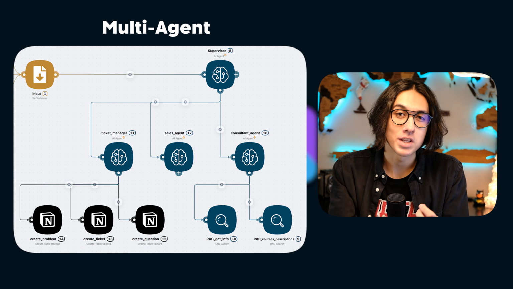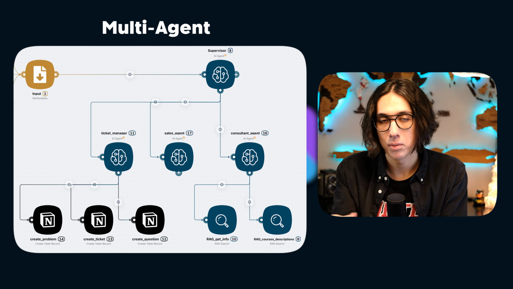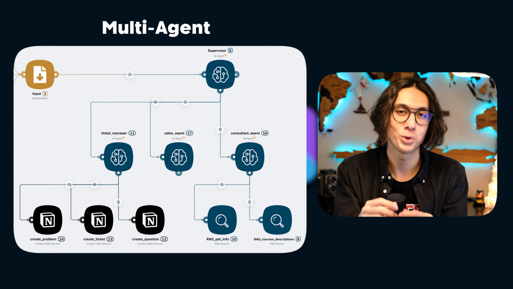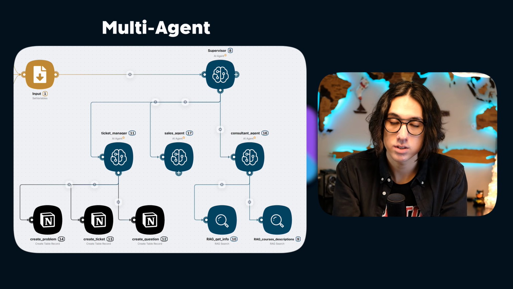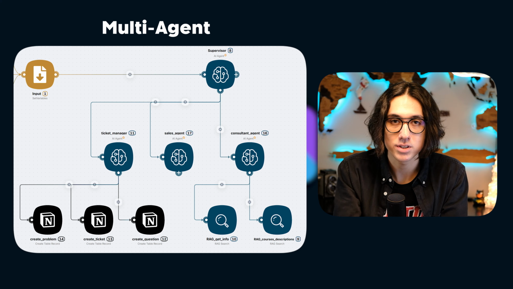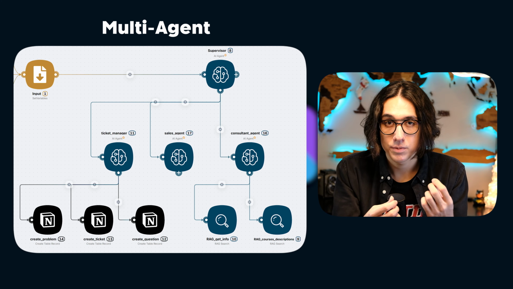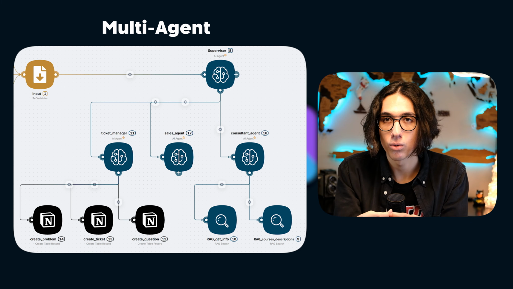It's a bit like running a small digital team. Each agent has its own role, but together they can cover way more ground. Now, don't let this idea scare you. Multi-agents aren't some alien technology. They're just the same principles you learn here, repeated across different agents. The only thing that changes is how you connect or organize them.